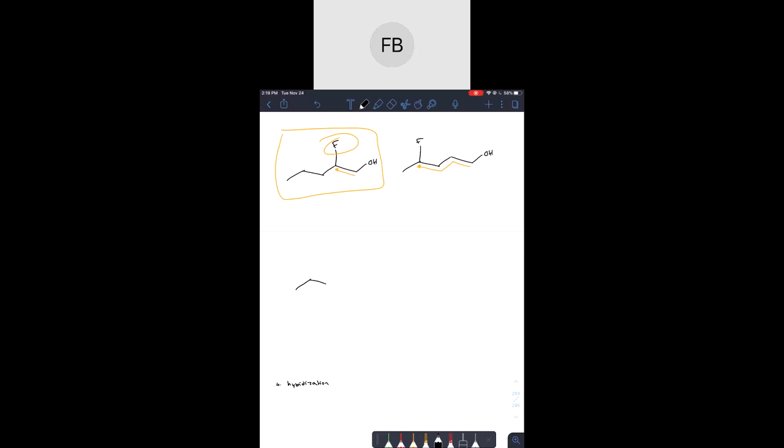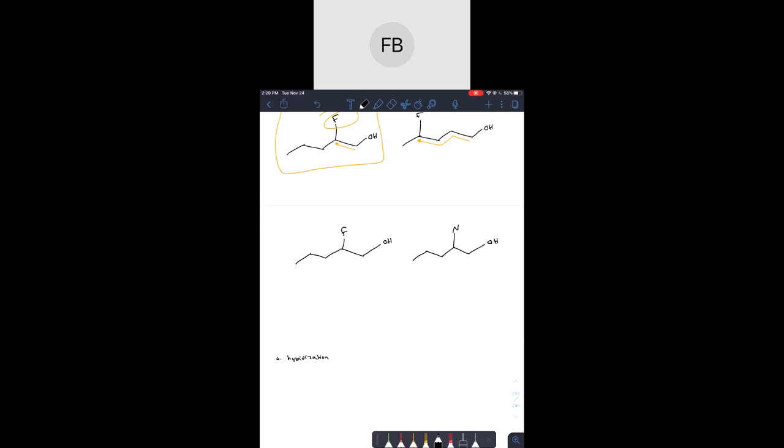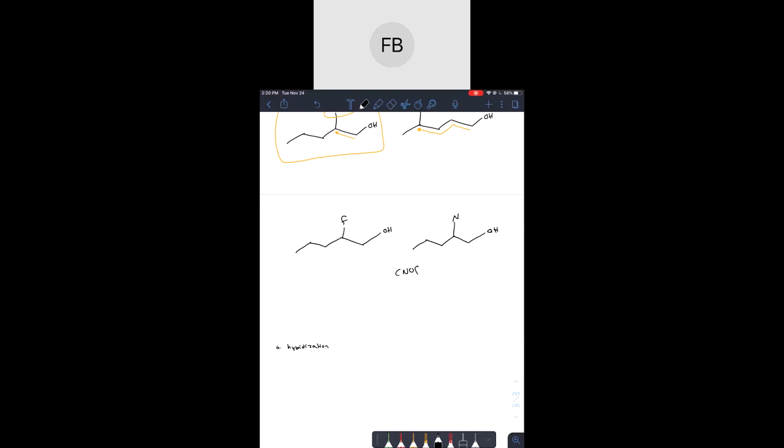Another option is that he'll give you the same thing, but the difference will be that we have an F and an N. If you look at the periodic table, it goes C, N, O, F. So F is the most electronegative, N is the least electronegative out of the two. That means the one with F is going to be a better acid than the one with N.